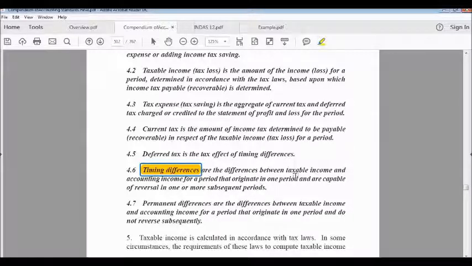So it's basically the income statement approach. Timing difference is the difference between the taxable income and the accounting income.